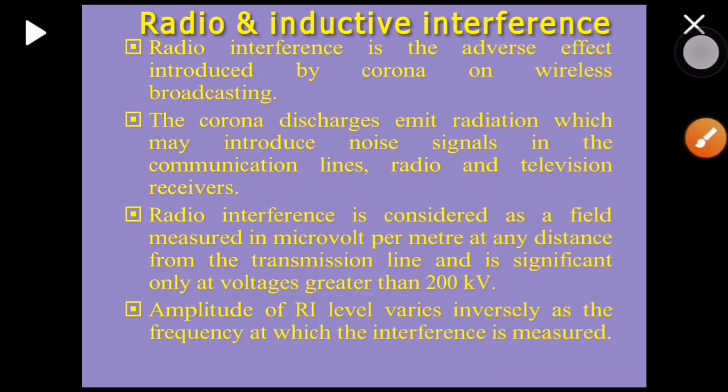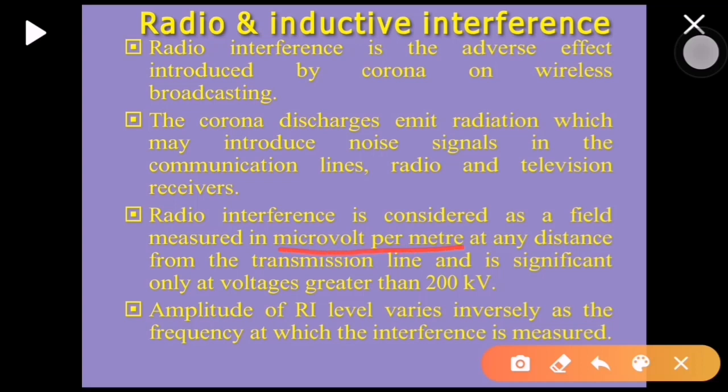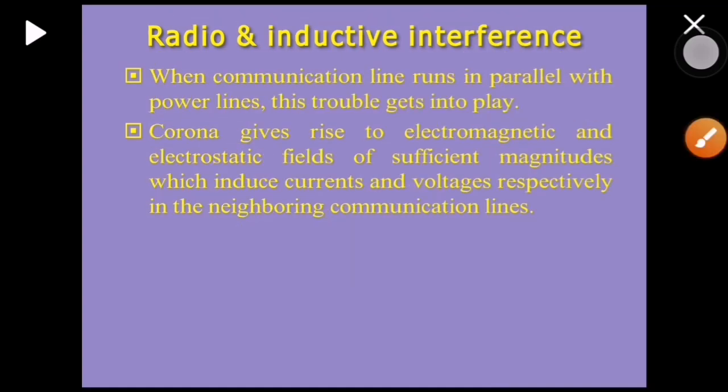The amplitude of radio interference level in microvolt per meter is inversely proportional to the frequency at which interference is being measured. In short, we can state corona is responsible for generation of electromagnetic as well as electrostatic fields, which further result in production of induced currents and induced voltages respectively in neighboring communication lines.